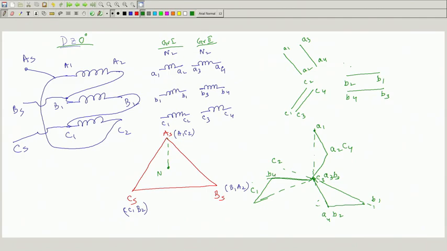And this point is C1 C2. Is this okay? B1 B2 was like this. So, this is fine. A3 B3 C3 are to be shorted, you short them, and then A2 C4 you join, and then B4 C2 you join.